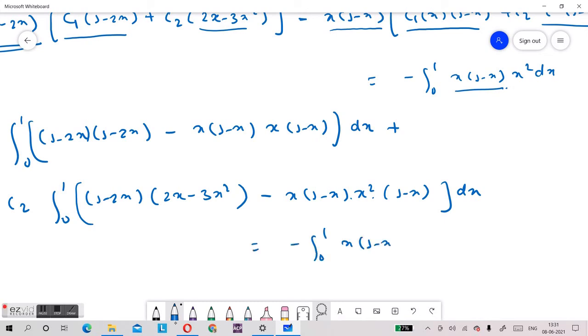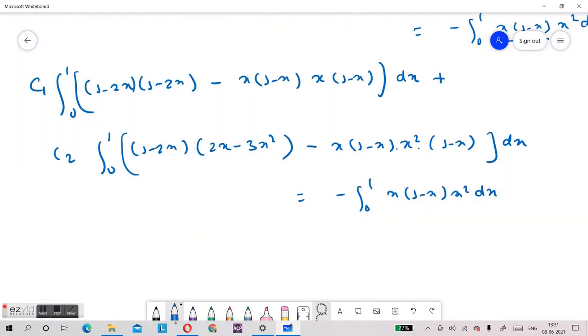If we solve them, this becomes 3 by 10 c1 plus 3 by 20 c2 equals minus 1 by 20.